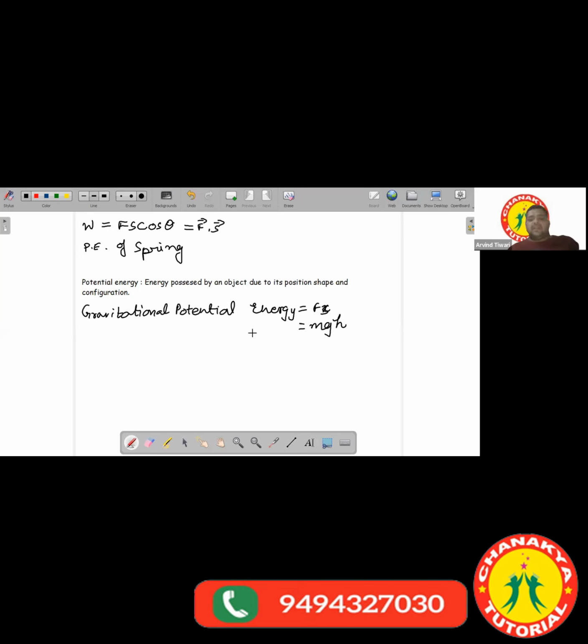Here we observe that there is a change of position. An object changes its position from one place to another, and then there is a gain of potential energy in that object.